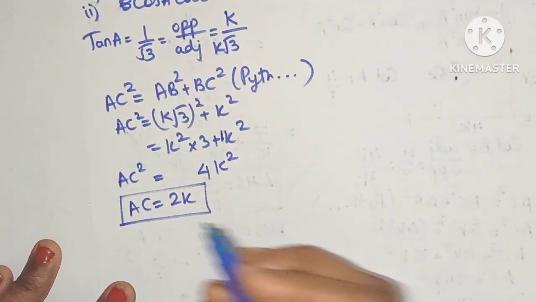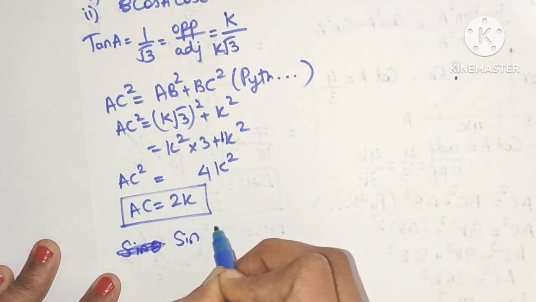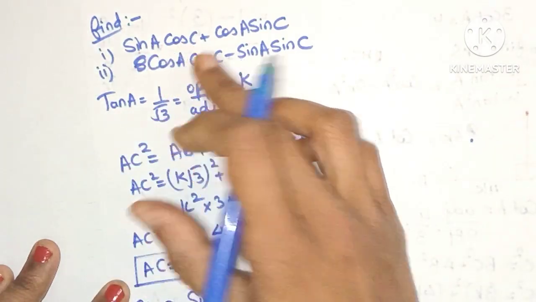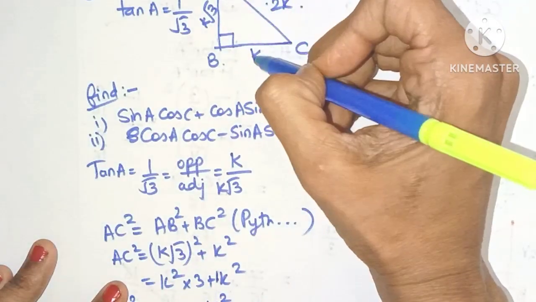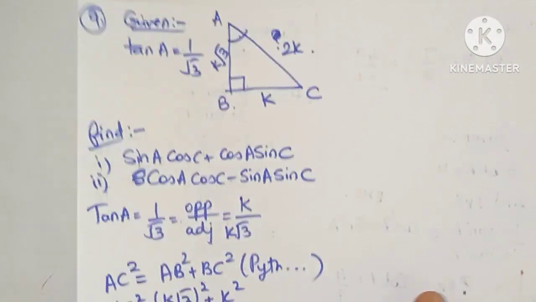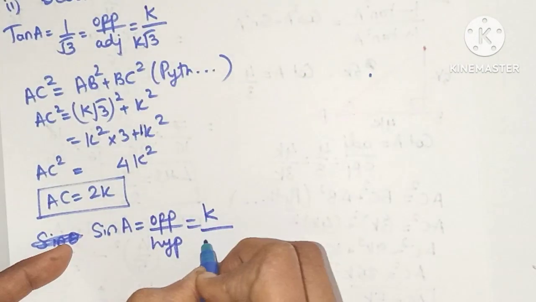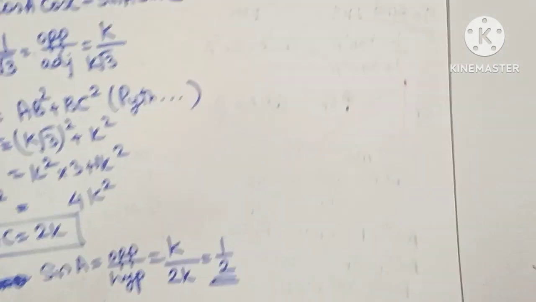Now that I know my hypotenuse, can I easily find my sine? It's not sine theta, it's sine A. Now I need to find sine A and cos C. So sine A is nothing but opposite upon hypotenuse. So for A, the opposite is K, right? So I'll get K, and the hypotenuse will always be the same, 2K. So my sine A is half, friends, okay? Make note of this.